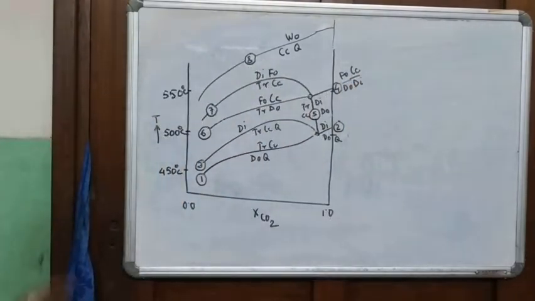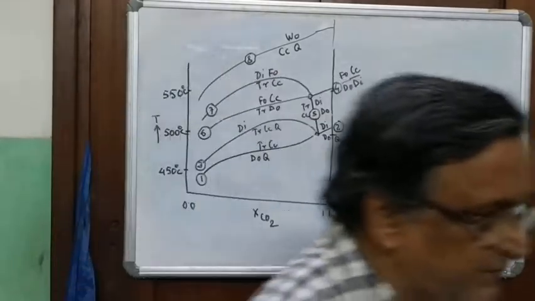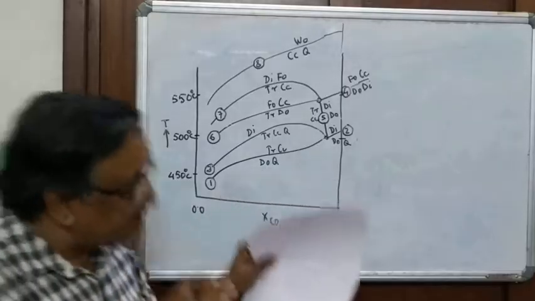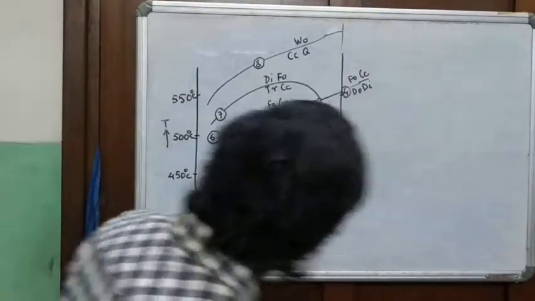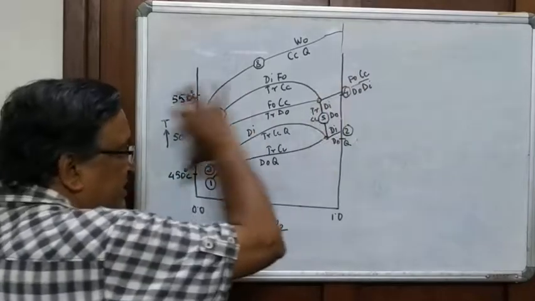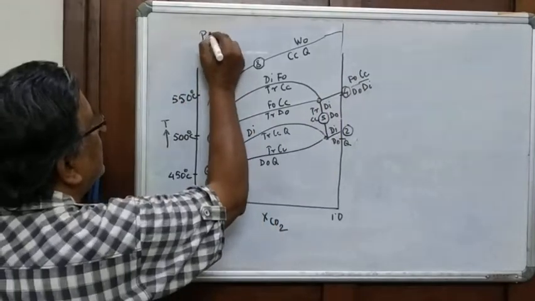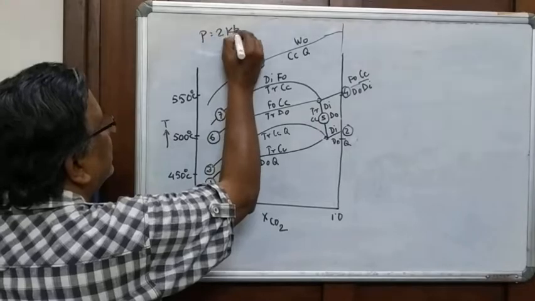So this is the topology of the stable reactions. The pressure here, I wish to tell you, is 2 kilobars.